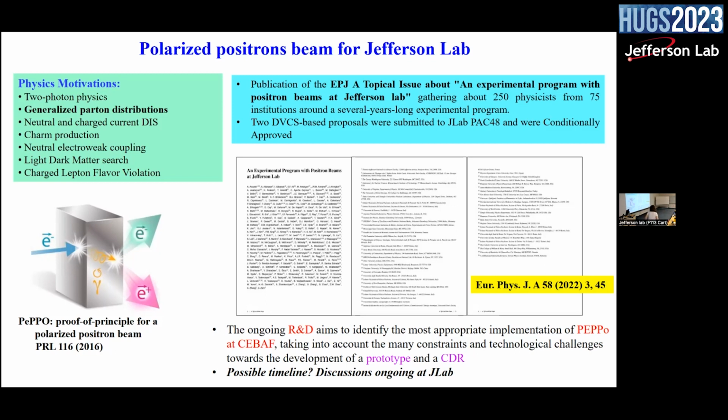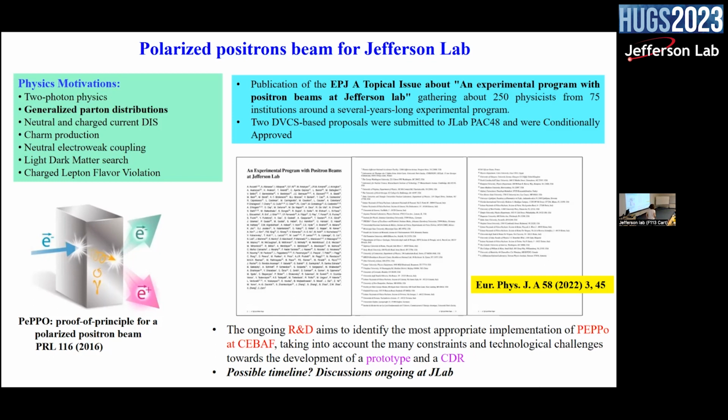There had been an experiment making the proof of feasibility of having a polarized positron beam, and this was done a few years ago. After that, there has been a lot of R&D ongoing to try to implement this concept and have it really at the current that we need to run experiments at JLab.